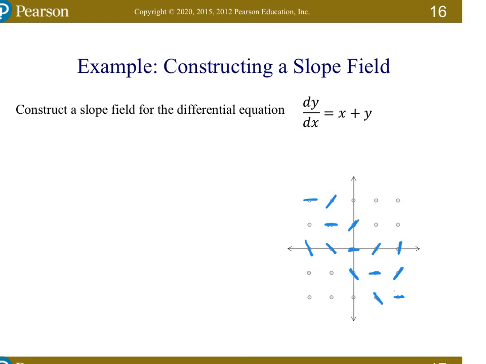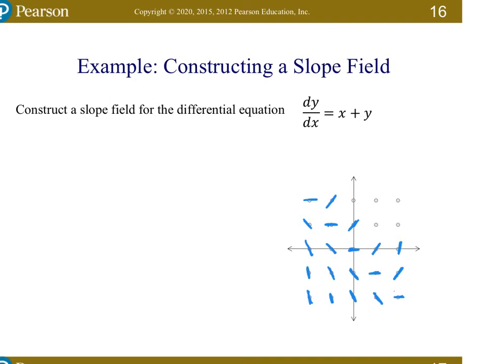These are all going to be a slope of 1. These are all going to be a slope of 2. This is going to be a slope of 3. And then a slope of -2, -3, -4.